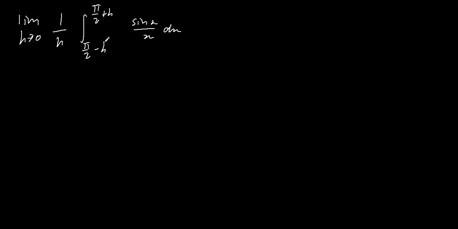These are both very weird integrals, because if I just substitute h equals 0, I get 1 over 0 times the integral at pi over 2, sine x over x dx, and that's just 0, and so I just get 0 over 0, which is nonsense, like actual nonsense. This doesn't get me a solid answer, and that is clearly not going to get me something like 1.27.